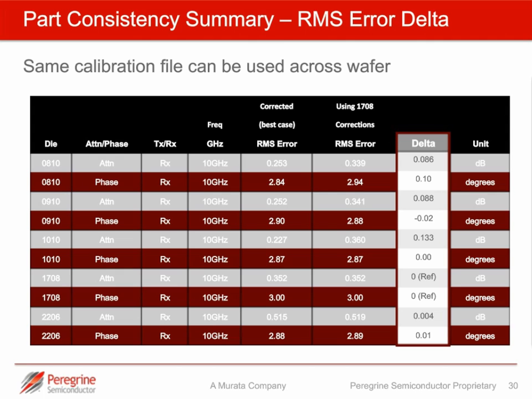The next column shows the RMS error using the 1708 lookup table, the shared lookup table for all devices. The second from right column shows the delta in the results, and as you can see, the error delta is extremely small. So what we're saying is we can use the same lookup table across all devices on the wafer. Again, this just simplifies the implementation of the device in a system.